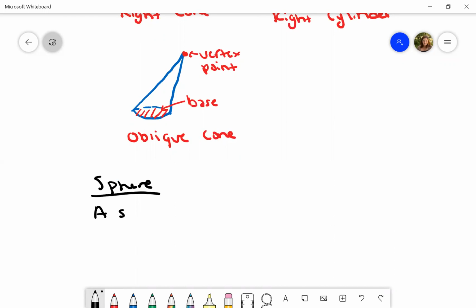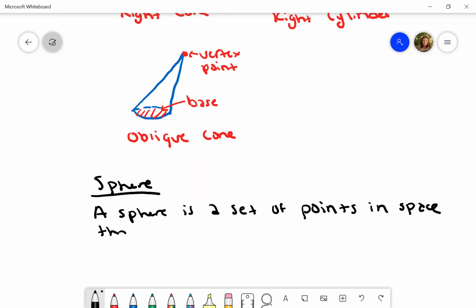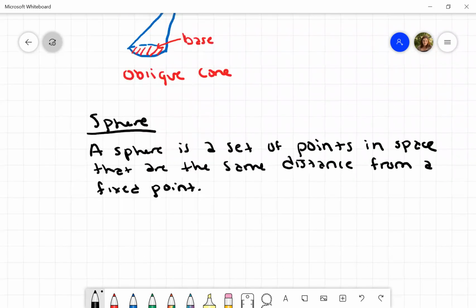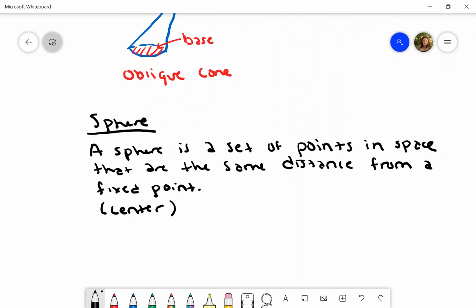So a sphere is a set of points in space that are the same distance from a fixed point. We call that fixed point, by the way, the center of the sphere.